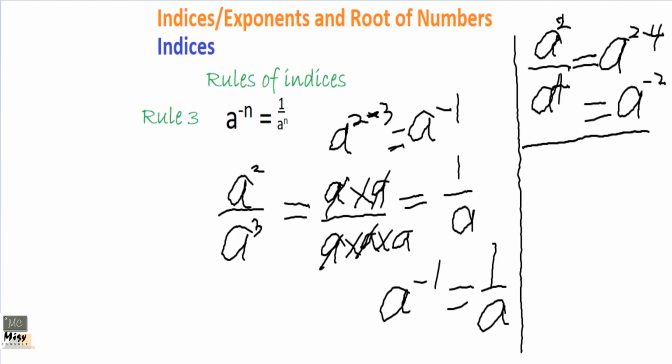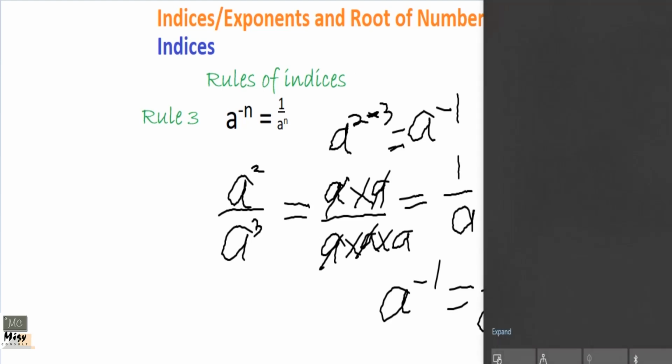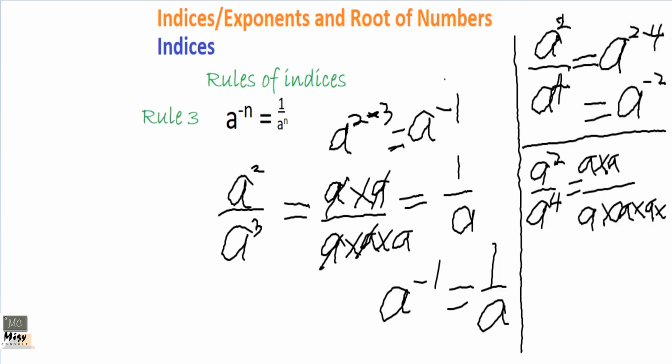Okay, that is one way of solving. The other way is this: A raised to the power 2 divided by A raised to the power 4. It goes like this: A times A divided by what? A times A times A times A, 4 times. So we cancel 2 of the A's, and we are left with 1 over A raised to the power 2.